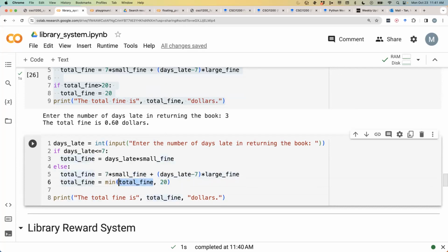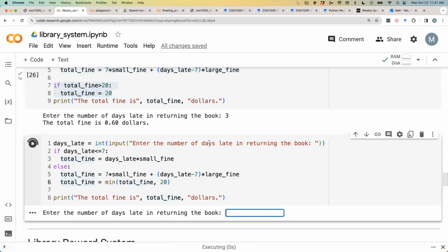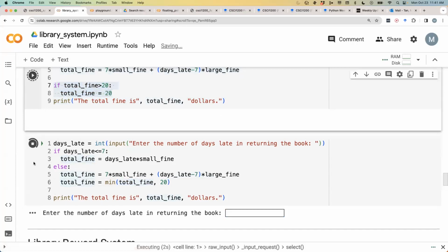So if total fine exceeds 20, the minimum between total fine and 20 will be 20. So it's basically doing the same thing, except that I use the built-in function min to help me figure out which one is the minimum, either the total fine or 20, rather than explicitly writing an if statement here. It will give me the same answer.